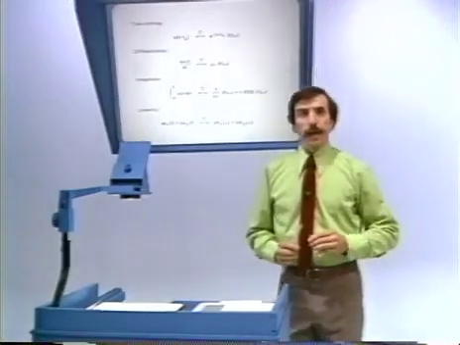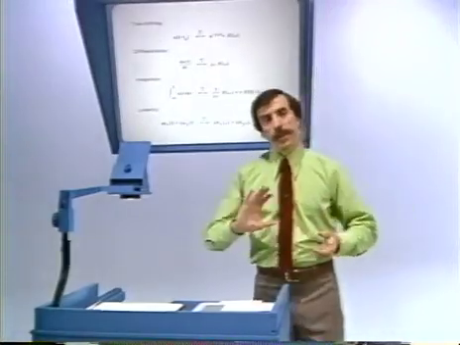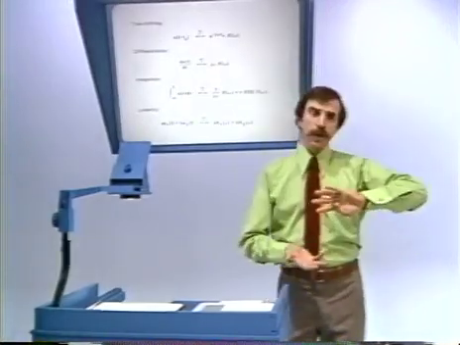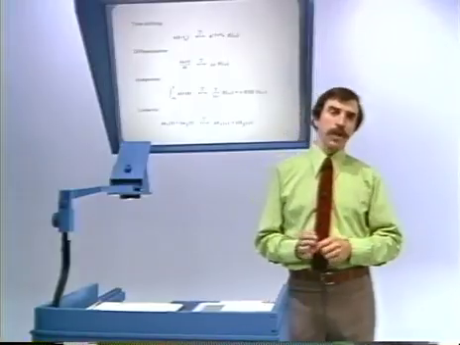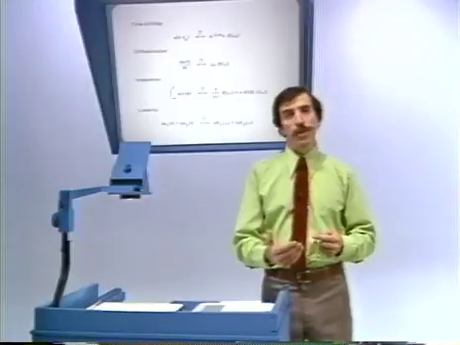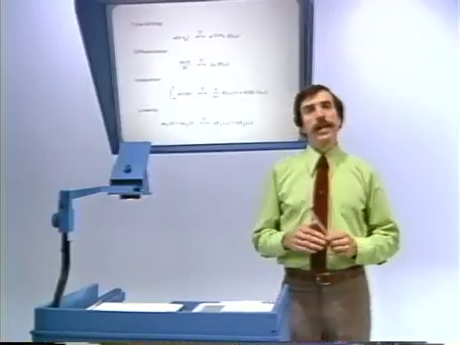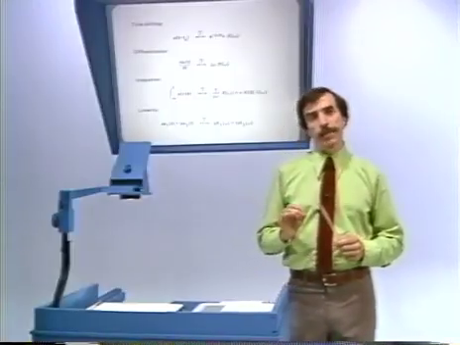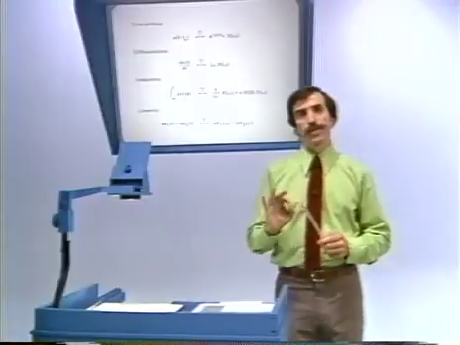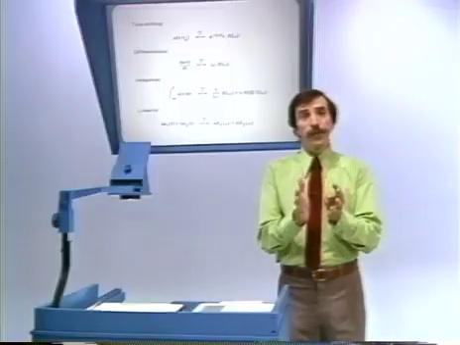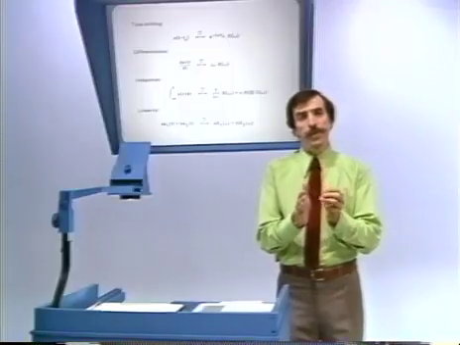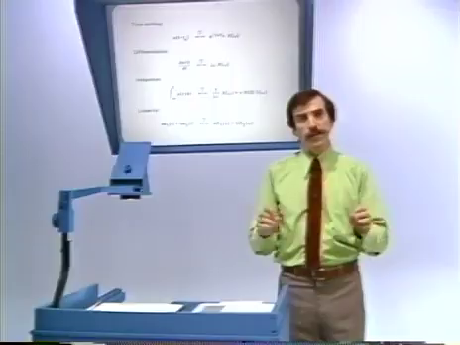Now, at first glance, you might think that the integration property is just the reverse of that. If for the differentiation property you multiply by j omega, then for integration you must divide by j omega. And that's almost correct, except not quite. The reason is that if you differentiate, of course, you lose a constant.